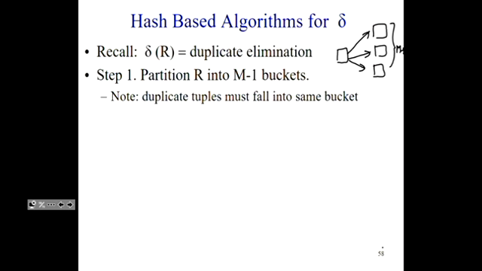As and when any of these output buffers gets filled, it gets evicted and you create a new output buffer in its place. So what would I use as a hashing function? Well, I would hash on the entire tuple. I would take the entire tuple and apply a hash function on that to give me a partitioning of this relation into m minus 1 buckets.